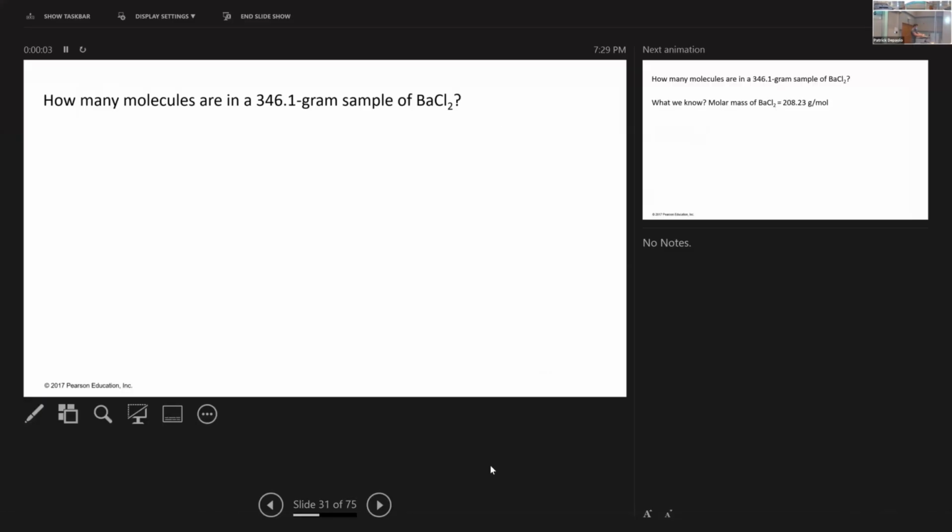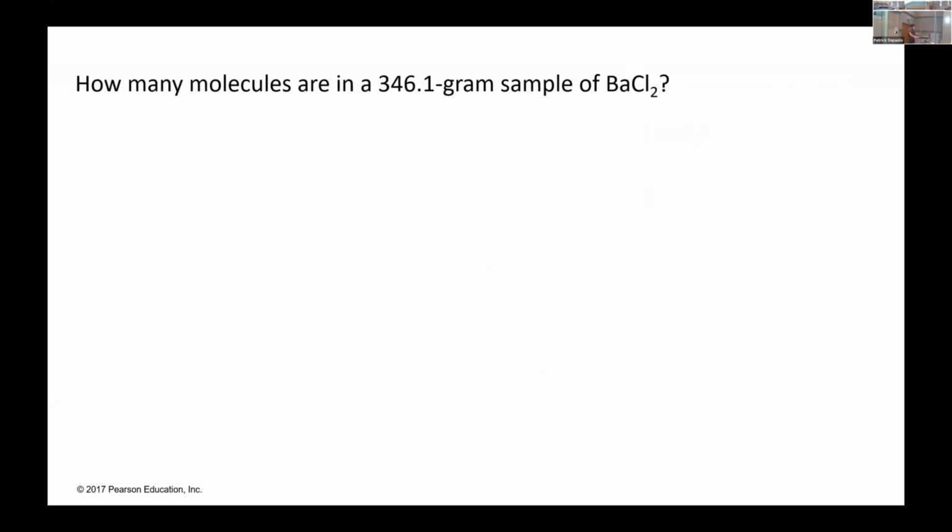All right, so let's do another example of a mole calculation question. How many molecules are in a 46.1 gram sample of barium chloride? So we have a lot going on. We have a compound this time.